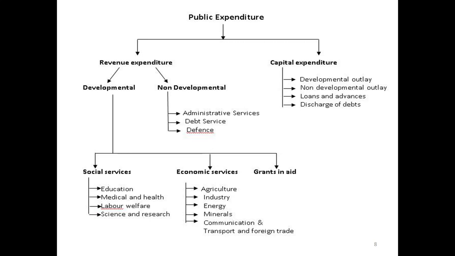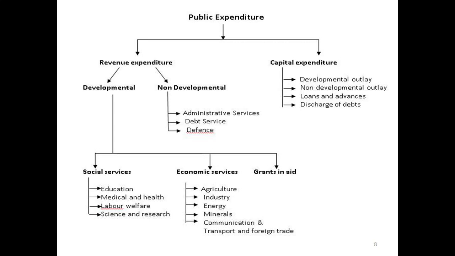That's why the government spends a large amount of money buying medical supplies for COVID-19, as you know. Another thing is labor welfare. We spend money to increase the welfare of labor, because if labor doesn't have good welfare, development cannot be attained.